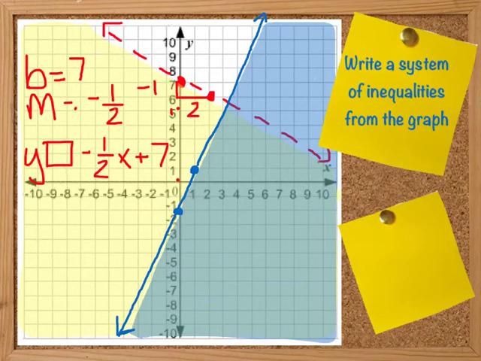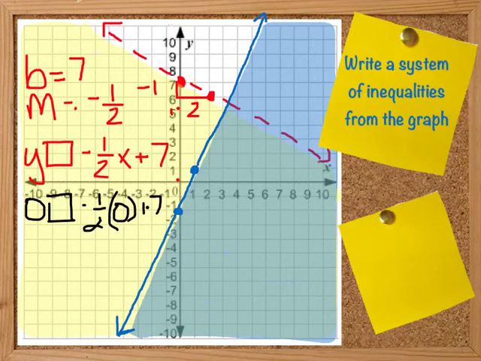When I plug in 0, 0 is something to negative 1/2 times 0 plus 7. So 0 is something to 7. Well, I know 0 is less than 7. So that means in that original equation, I'm going to want to say y is less than negative 1/2 x plus 7.